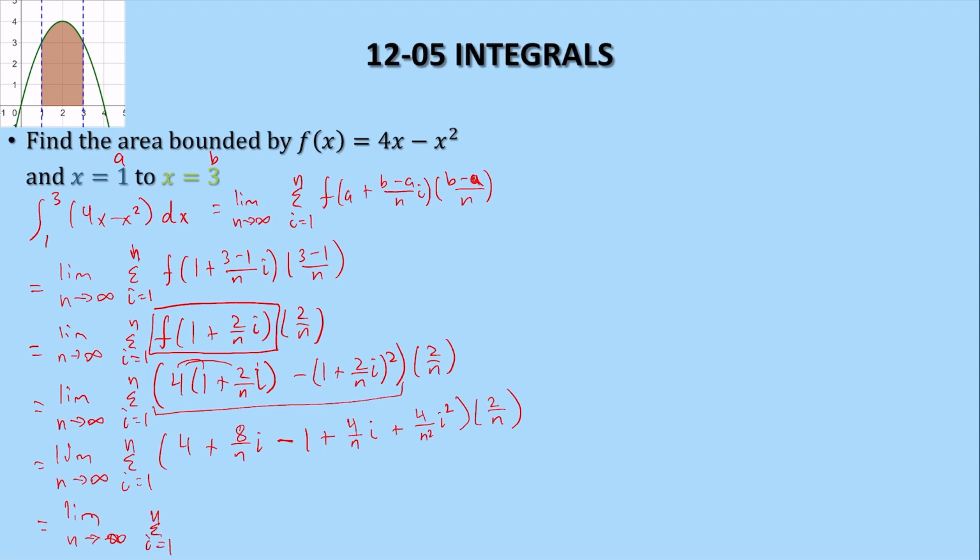All right, let's collect like terms. So I have a 4 minus 1. For i's, I have 8 over n minus 4 over n, these should be minuses, sorry, because there's a minus there, would be 4 over n i, and then a minus 4 over n squared, i squared.